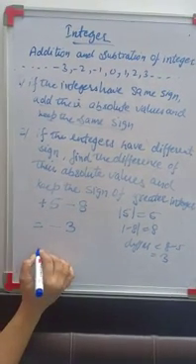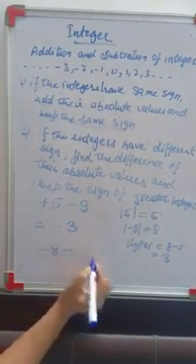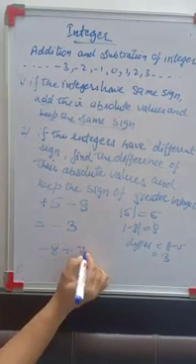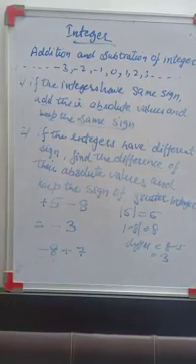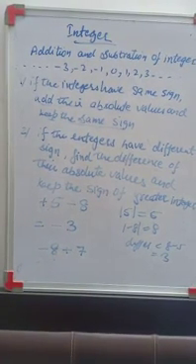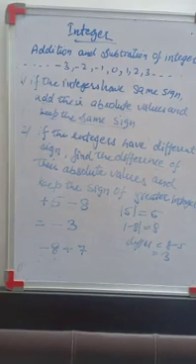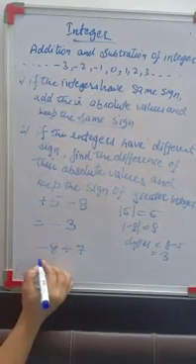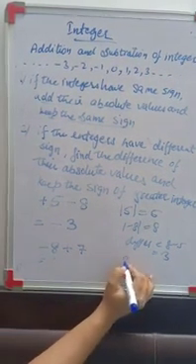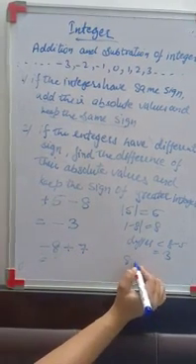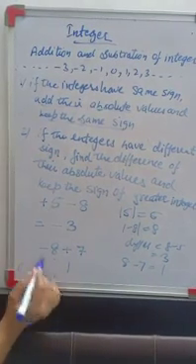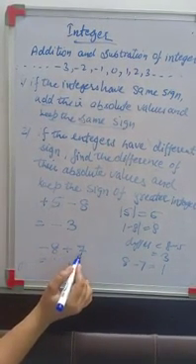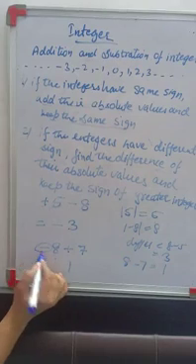Again, if I take an example, minus 8 and plus 7. What do I need to do? Different signs are there. So first I need to calculate the difference of the absolute values of both: 8 and 7, 8 minus 7 is 1. Now which one is greater, 8 or 7? 8 is greater and it has a minus sign.